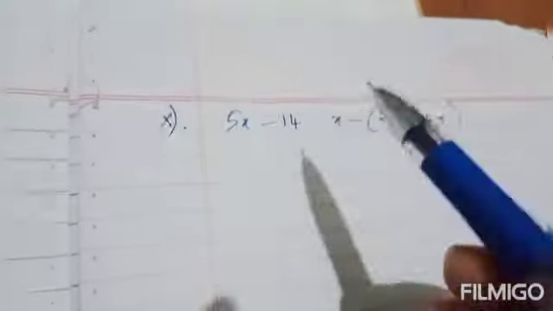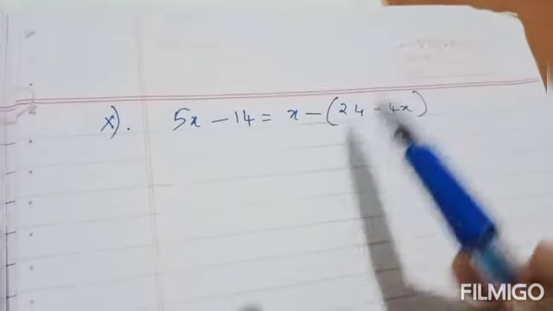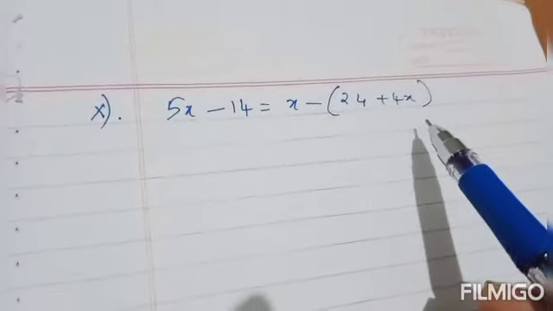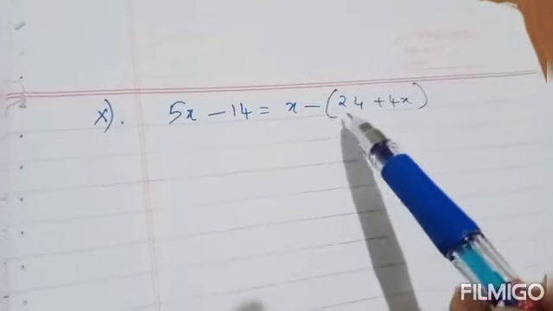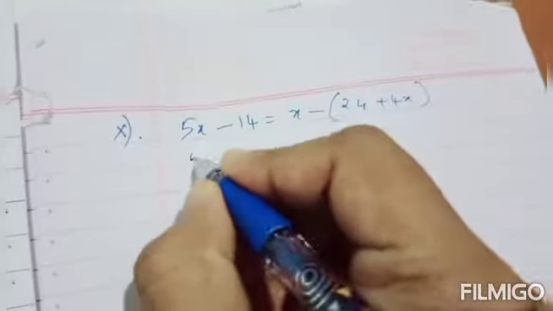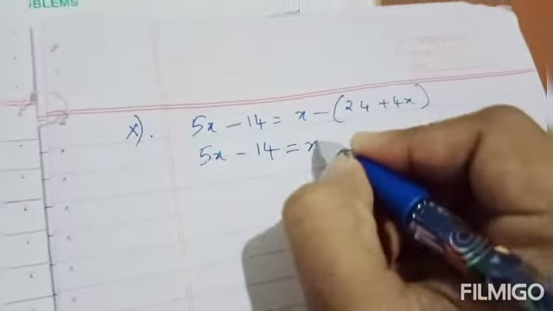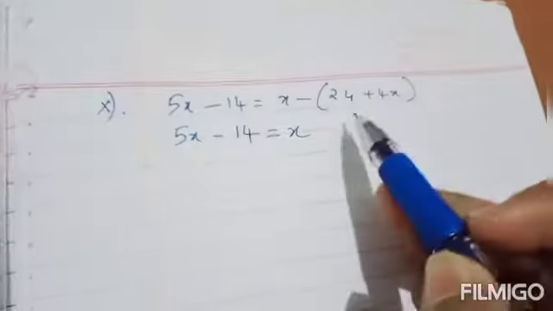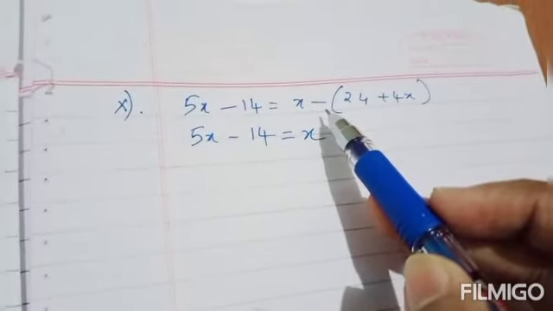10th question, 5x minus 14 equal to x minus (24 plus 4x), that is given in the bracket. So here first you need to open this bracket. So you will get 5x minus 14 equal to x. Now here before the bracket, minus sign is coming.